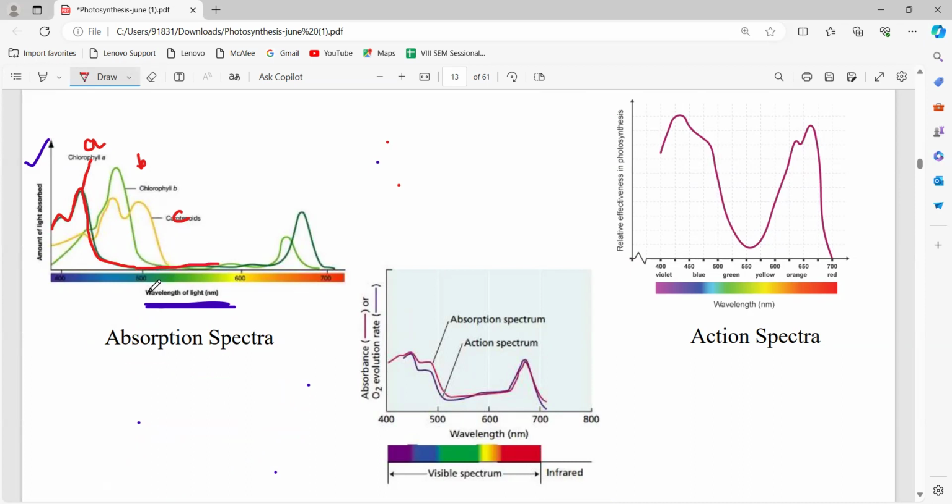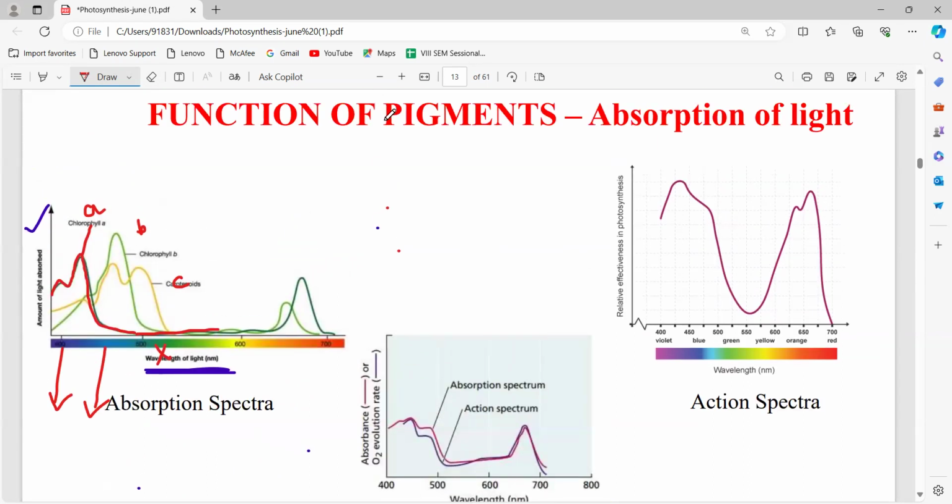So what do I have to explain here? Chlorophyll A absorbs dark blue light. It absorbs light blue light also. But friends, after that, it is completely coming down. So what does it mean? Remember my statements, all the students.